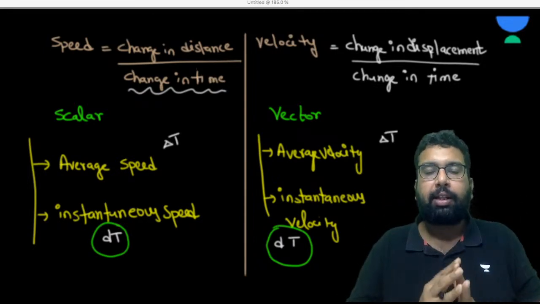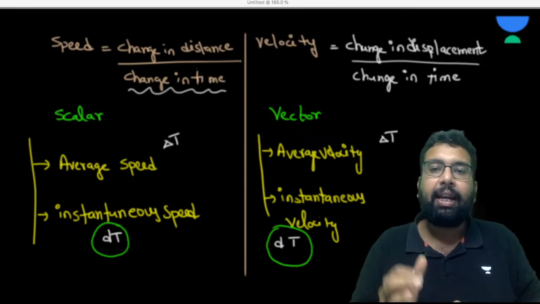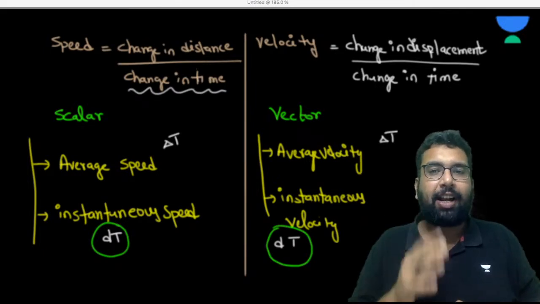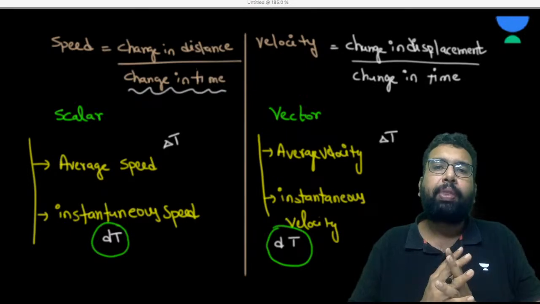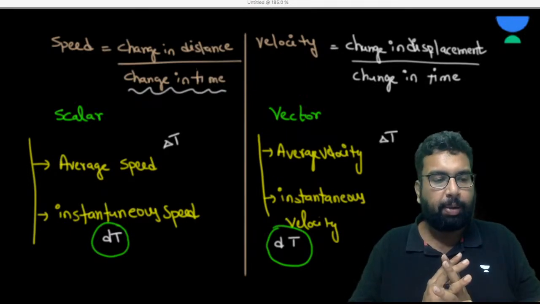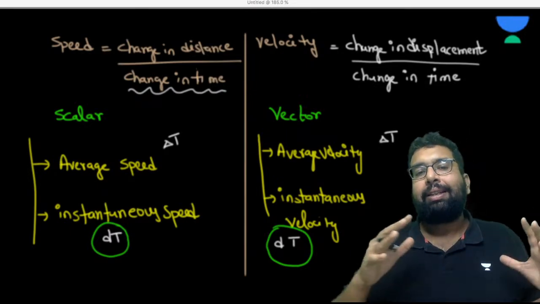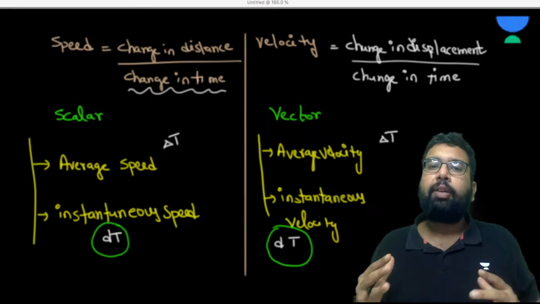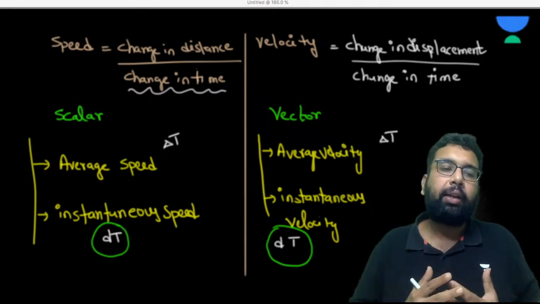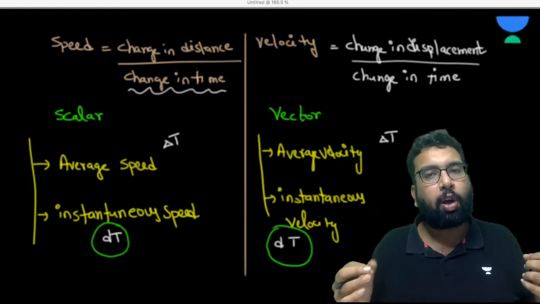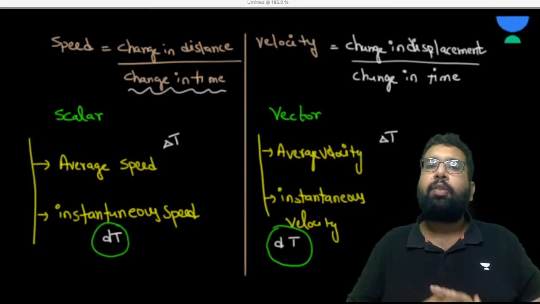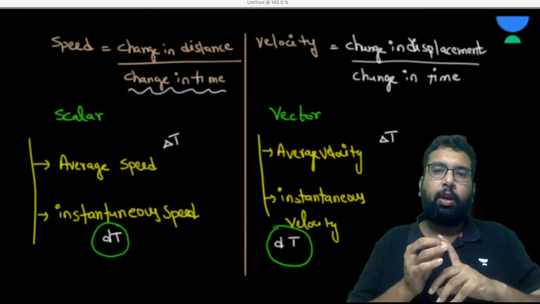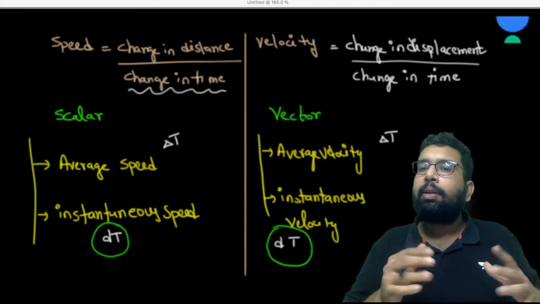In physics or mathematics, whenever you use dt, dx, dy, dz, dp, that means your quantity is reduced to a very small difference. Are you getting my point? So for understanding instantaneous speed and velocity, we will require some concepts of differentiation. Whatever differentiation is required for the physics of NEET, I'll be coming up with it in the next session.